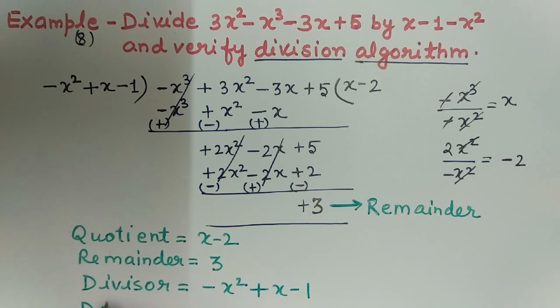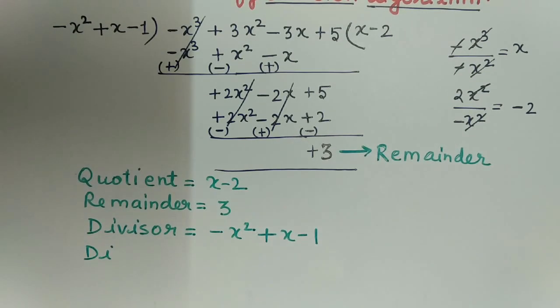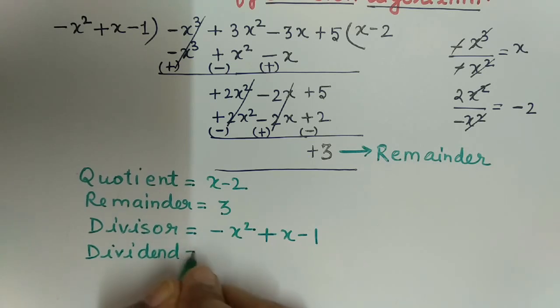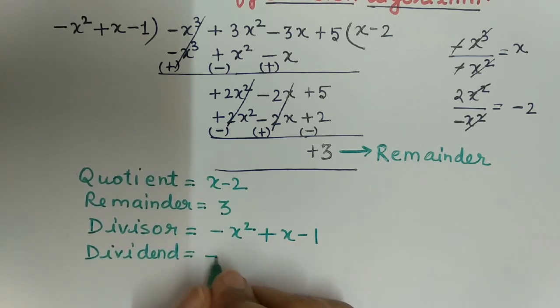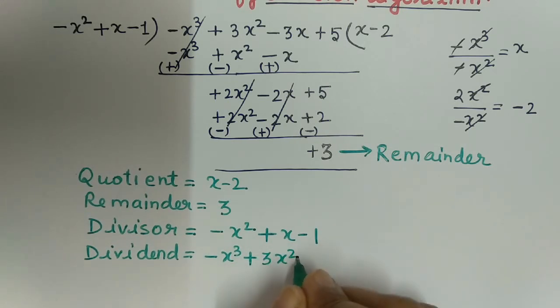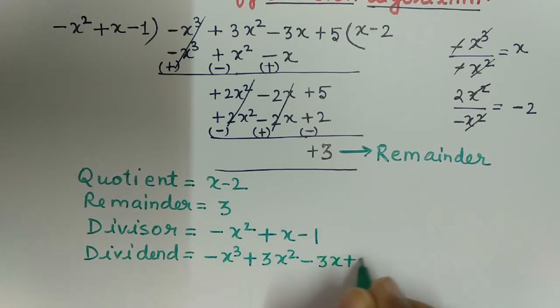And what was our dividend? Our dividend was minus x cube plus 3x square minus 3x plus 5.